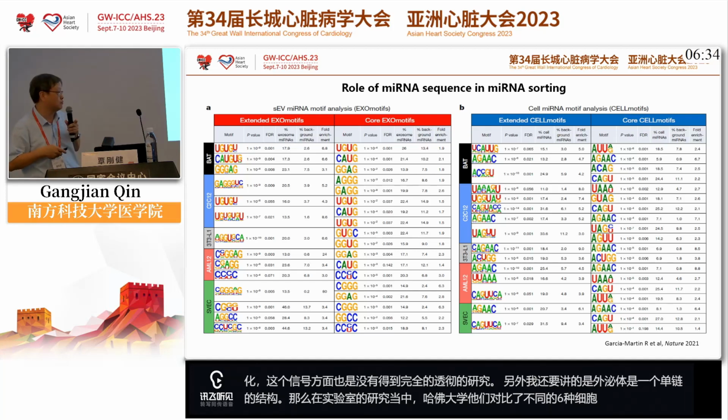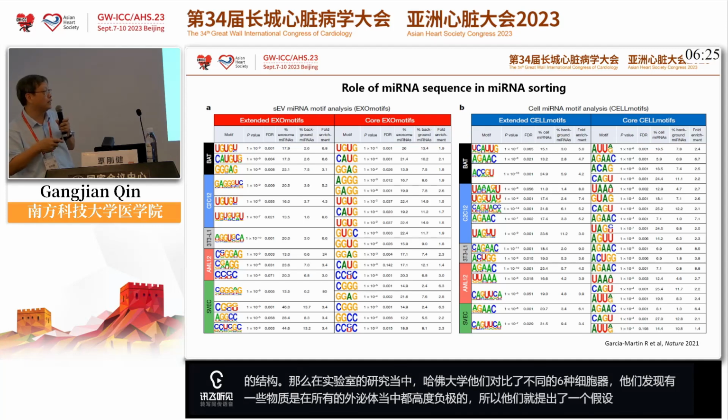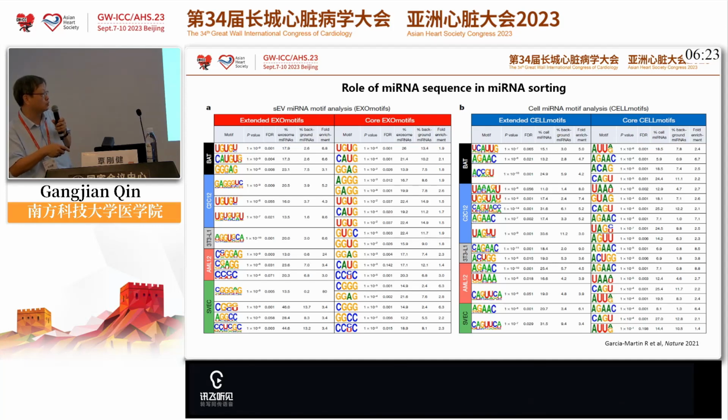So it comes to the idea that, in addition to the RNA binding proteins and lipid components, the RNA itself, even though it's a very short stretch, may also be involved in the selectivity of the packing into the exosomes.